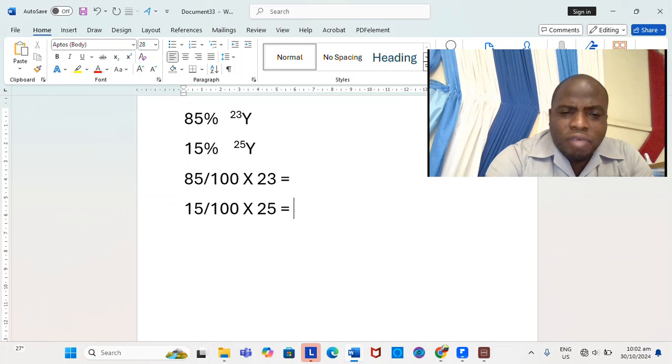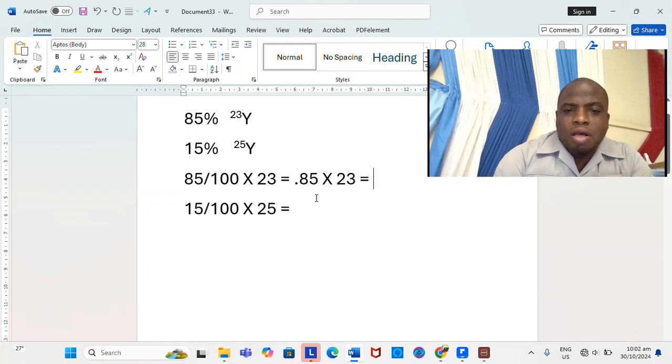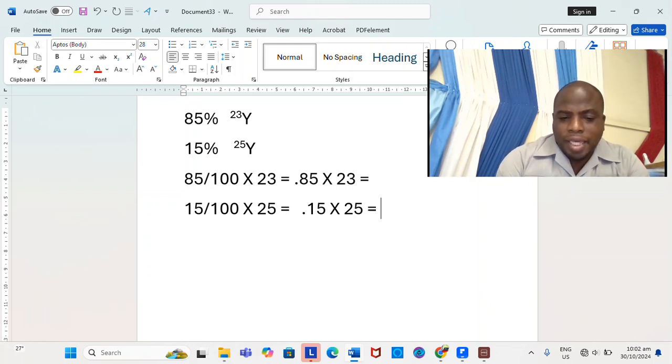Also, if you're having a problem, we know that we carry the decimal place 2 places to the left. So if you're a math person, you have 0.85 times 23, it's the same. Also, if you have 0.15 times 25, it is the same.